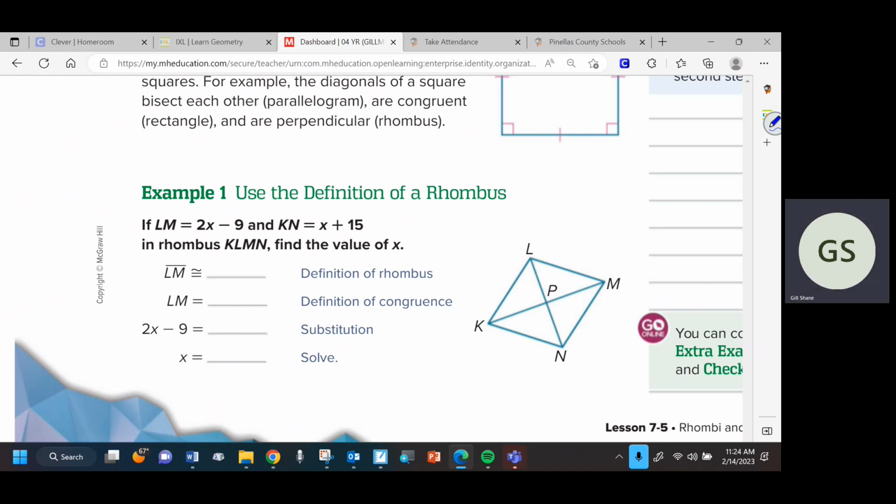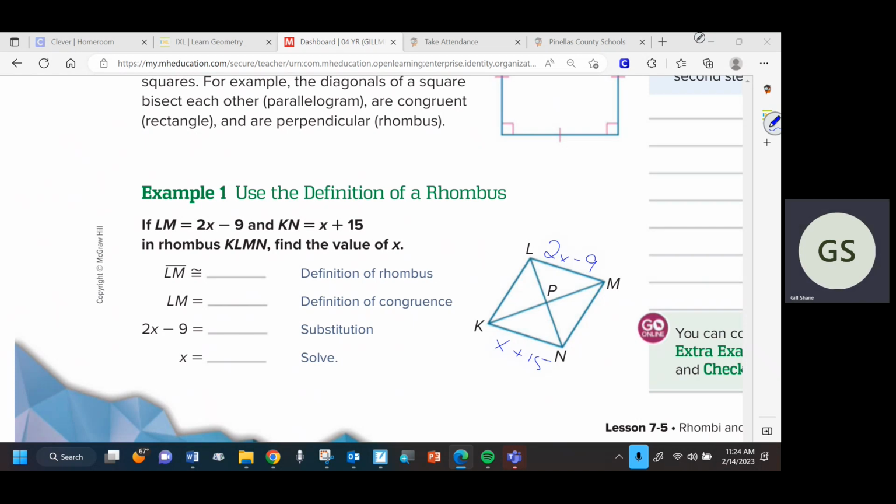Fine. This is just about opposite sides. I like writing the stuff into the figure. X plus 15. So again, any parallelogram, this would work. I don't understand why they have this in a section that is specifically about a rhombus and a square, because that doesn't even use a rhombus and a square.